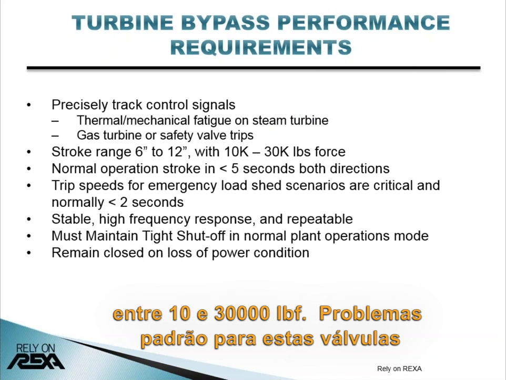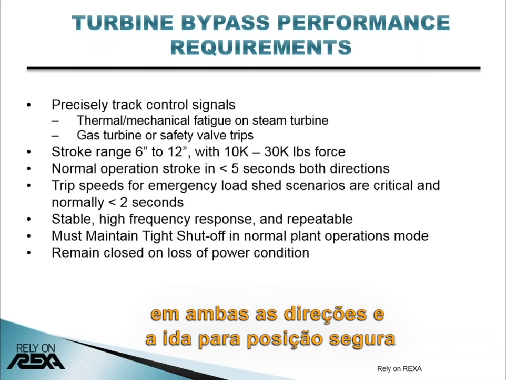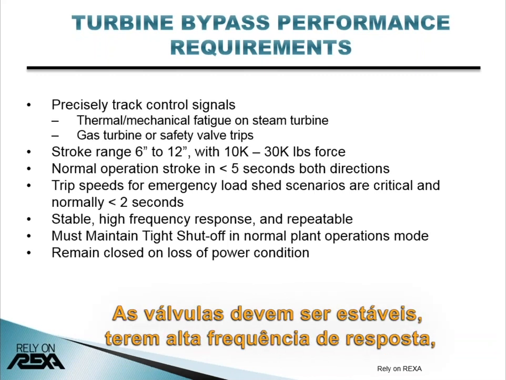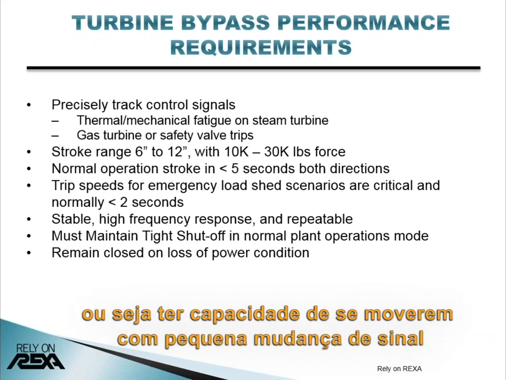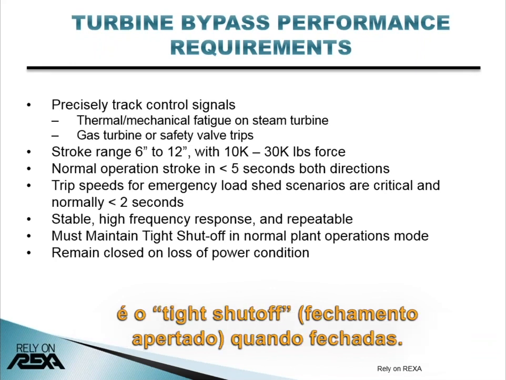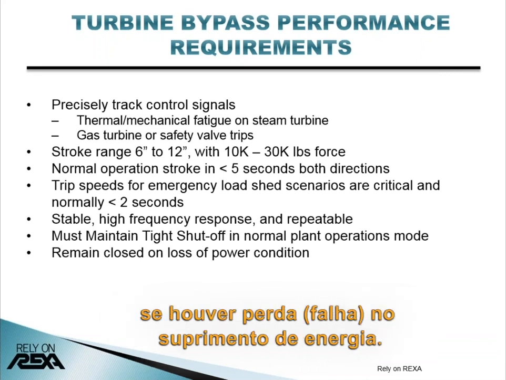Standard for these valves in normal operation is a less than 5-second stroke time in both directions and trip speeds of 1 to 2 seconds. Valves must be stable, have a high frequency response, meaning able to move with small signal changes, and be repeatable. A key to improved heat rate is tight shutoff when closed, and valves must remain closed on loss of power.